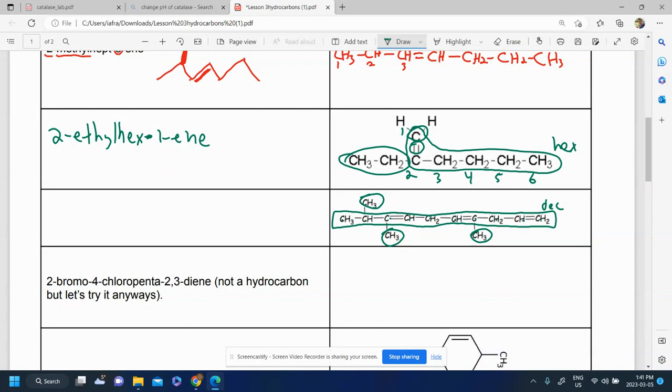And we got to start counting in a way to give us the smallest number for our double bonds and also our substituents, but focus on double bonds first to get as small numbers as you can. So you'll notice that this is pretty straightforward because you have a double bond on carbon number 1 over here. And so we could go 1, 2, 3, 4, 5, 6, 7, 8, 9, 10.